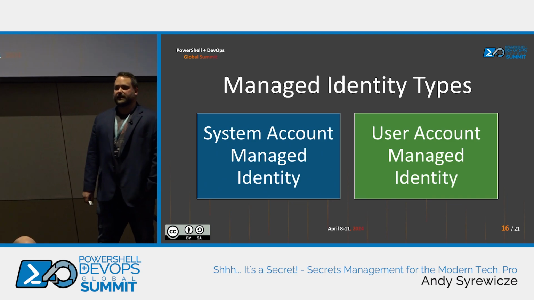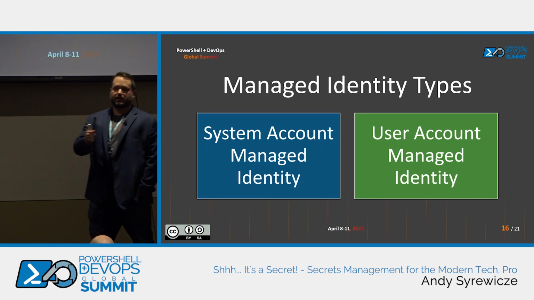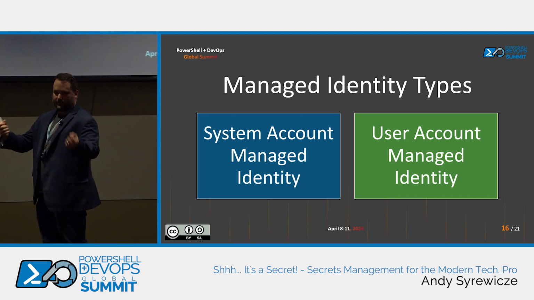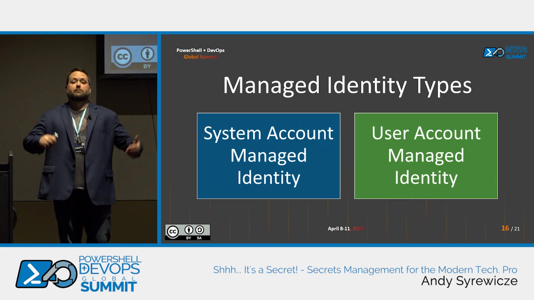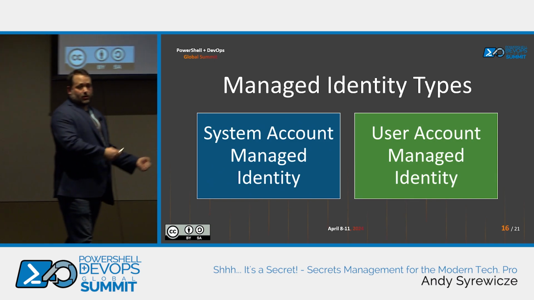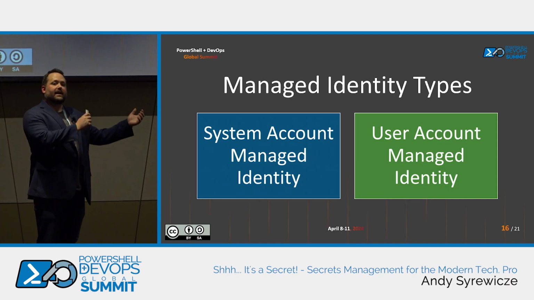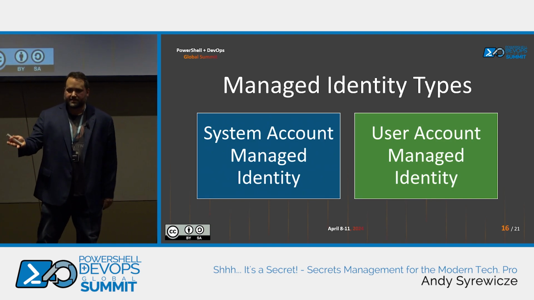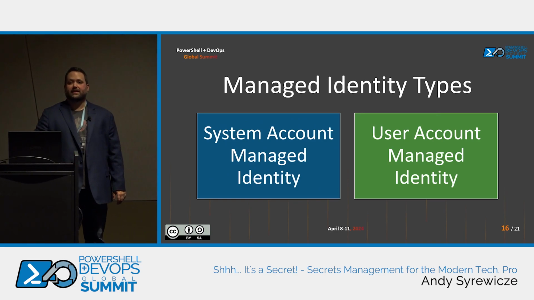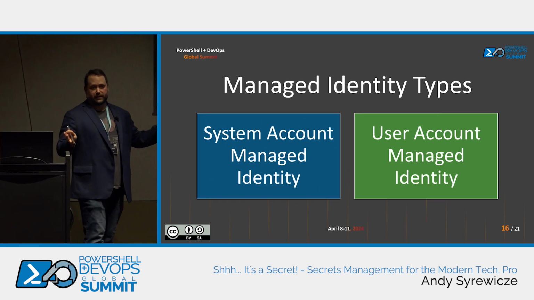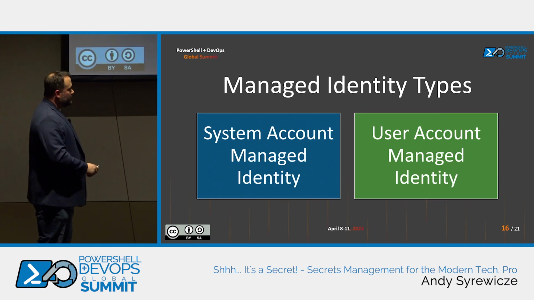And that managed identity object can only ever be associated with that virtual machine. They're tied. User account managed identities can be associated with multiple things, and it has its own life cycle. So if I delete the VM in this case that it's associated with, that user account managed identity hangs around out there, and I need to go delete that or do something with it after the fact, right?